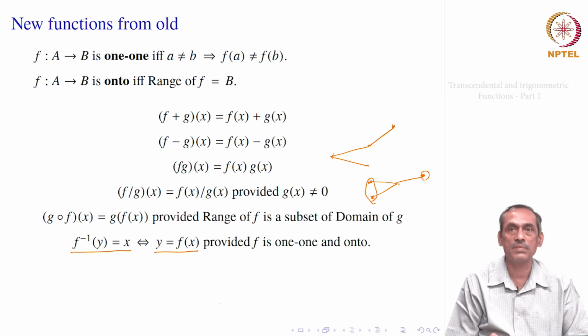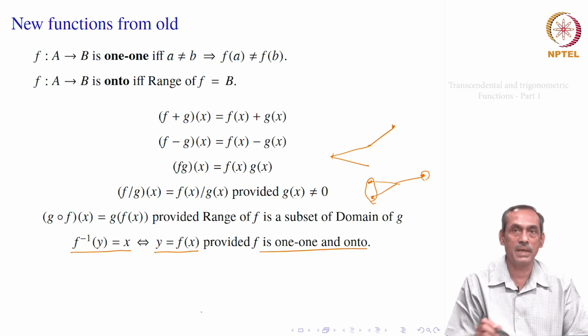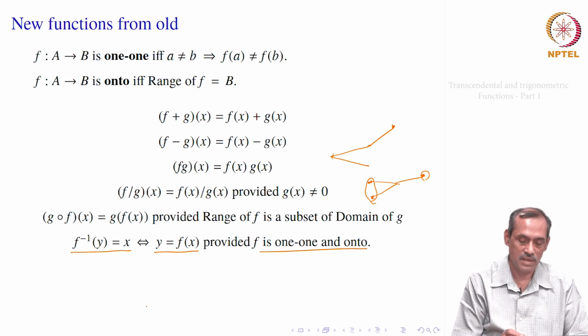That is the definition of f inverse. But this can only be defined whenever f is both 1-1 and onto. Once f is 1-1 onto, f inverse also becomes 1-1 and onto. So, inverse function will be defined only for those functions, and their inverses are also of similar type. So, f becomes the inverse of f inverse.